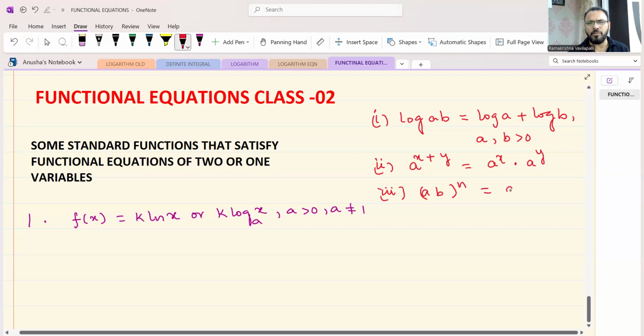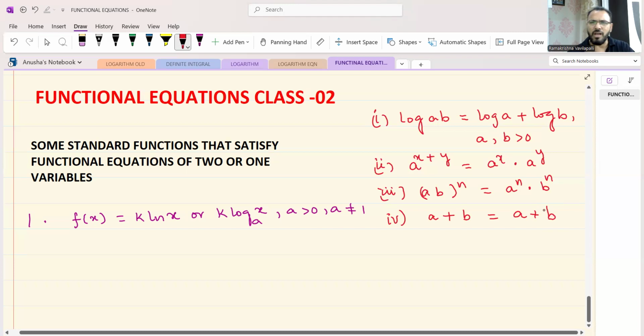This is a product to product. First one is product to sum, second one is sum to product, third one is product to product. And at last, we have sum to sum, like A plus B equals A plus B.